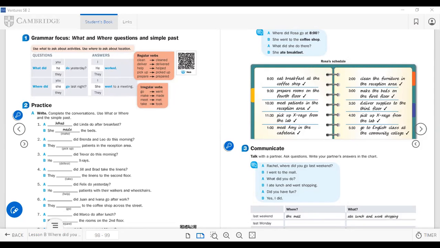So it is not just about the work, but here you can see verbs in simple past, because remember that the focus of my lesson from Ventures is verbs in simple past. So I have worked, I have saved, helped, moved. All these verbs that my students are going to practice, and they will listen to that pronunciation.